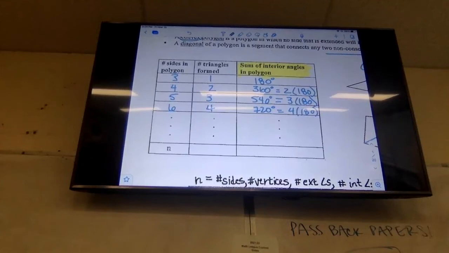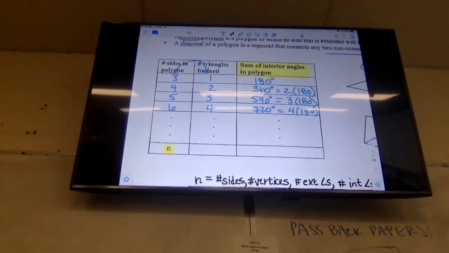Okay. Now, I just don't want to do this for every possible option that we have. We just want to make a formula. We want to make a little equation that's going to be able to help us depending on whatever sided polygon we have. So if I have an n-sided polygon, how many triangles are we going to form? If I had 3 sides, I had 1 triangle formed.